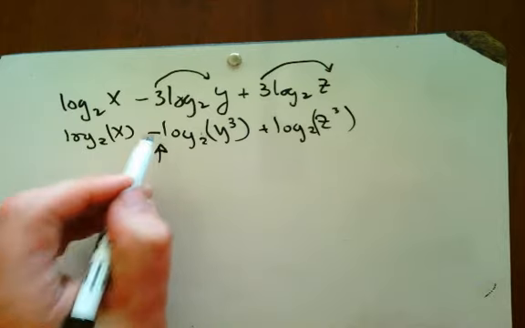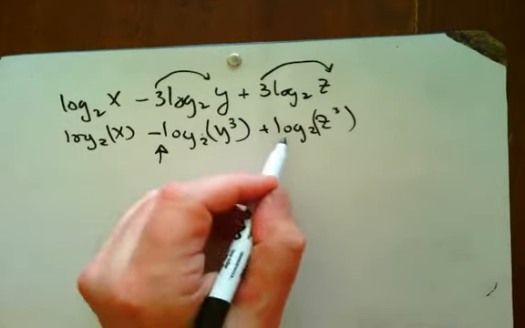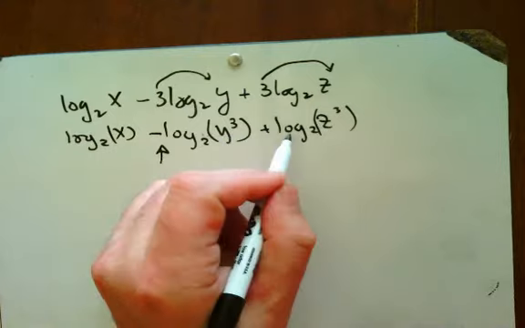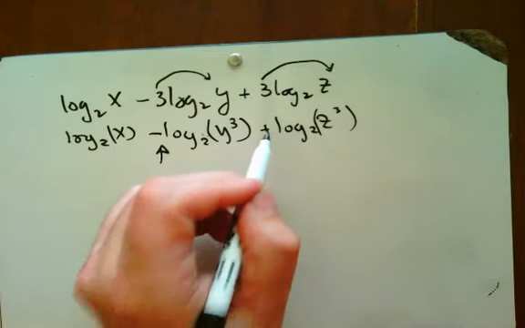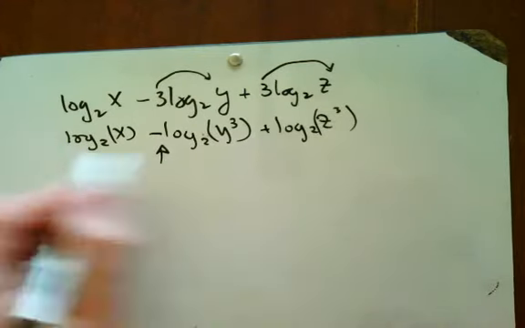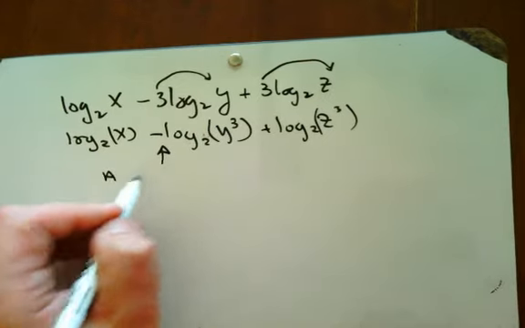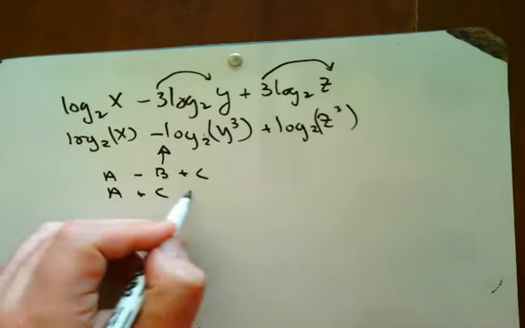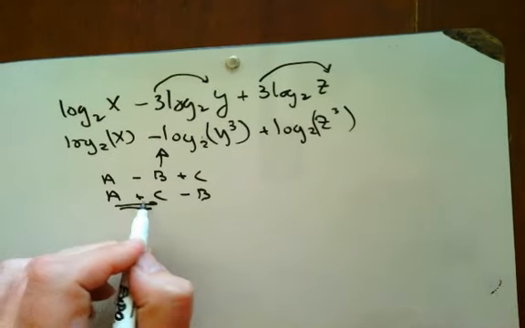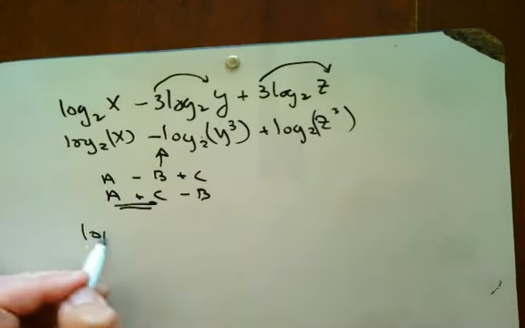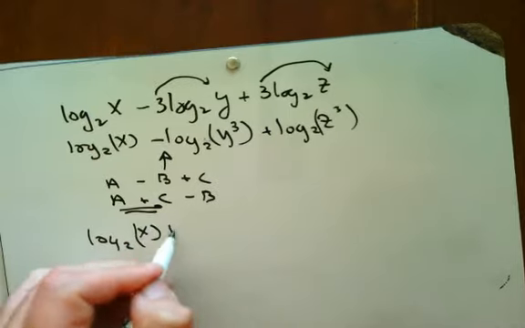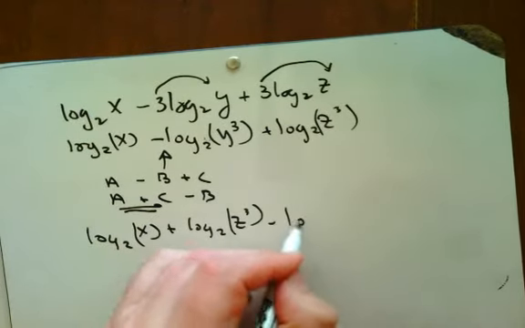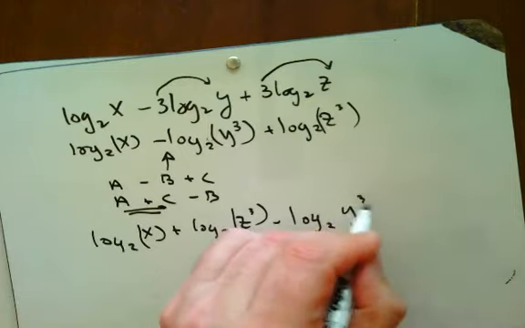Well, I notice I've got some powers to kick up, and so that can be rewritten as log base 2 of x minus log base 2 of y to the third plus log base 2 of z to the third. Now, be careful here. This is the minus. This one goes on the bottom. I know this one comes after this and there's a plus and you really want to multiply these together, but no, pluses go on top.